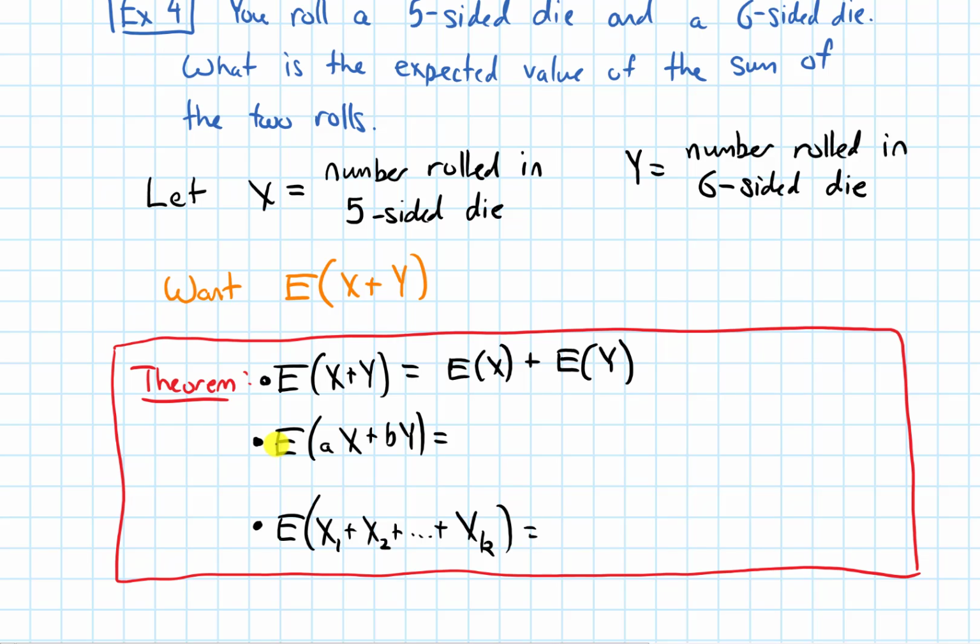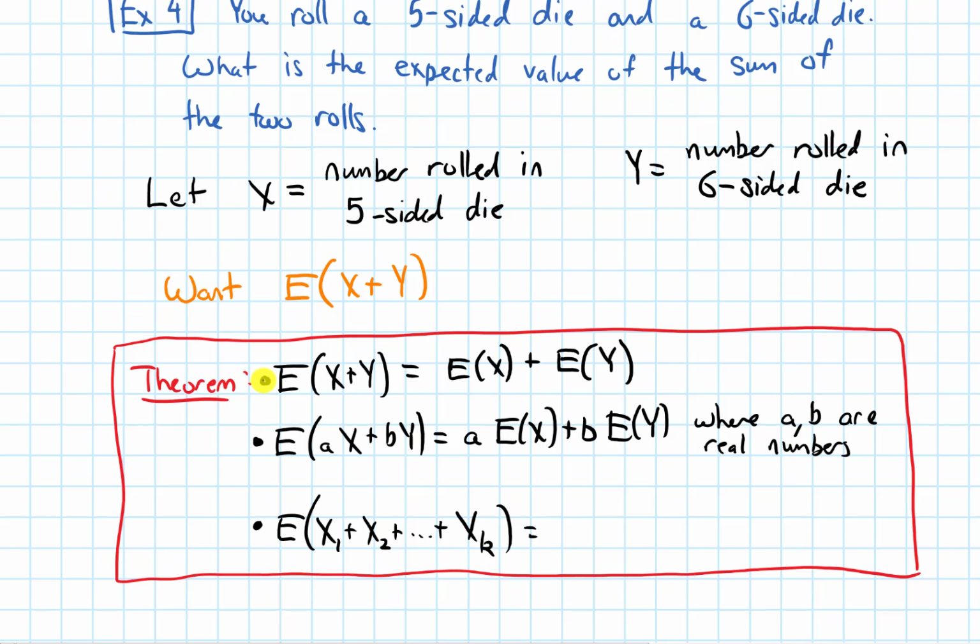It turns out that the expected value of a times x plus b times y will be equal to a times the expected value of x plus b times the expected value of y, where a and b are just real numbers.